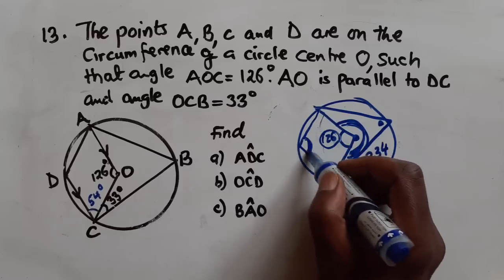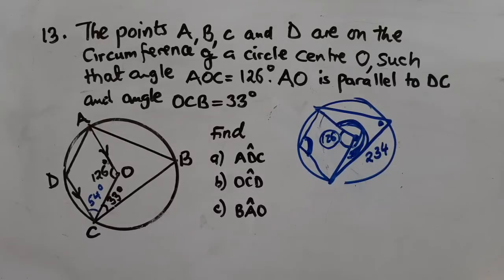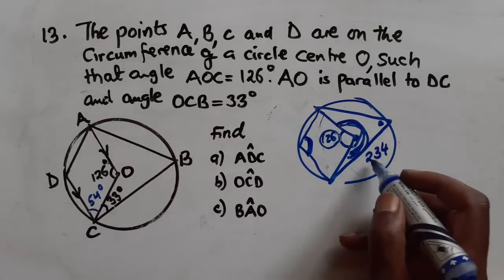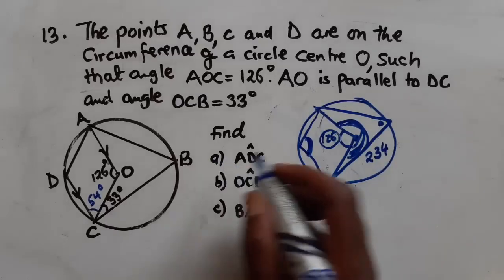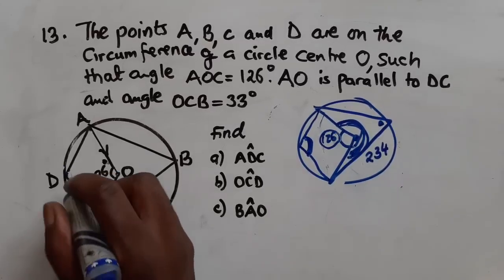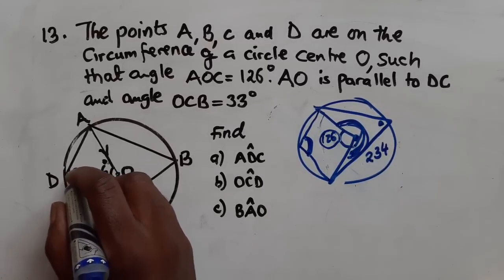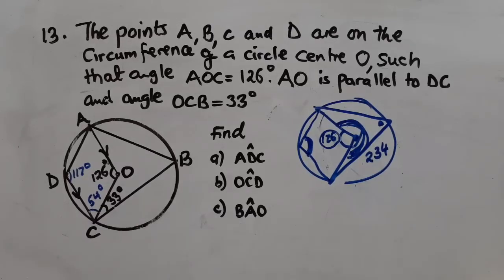So we need to divide 234 by 2 to get the angle on the circumference. You will discover that this angle here is going to give us 117 degrees. Is that clear?